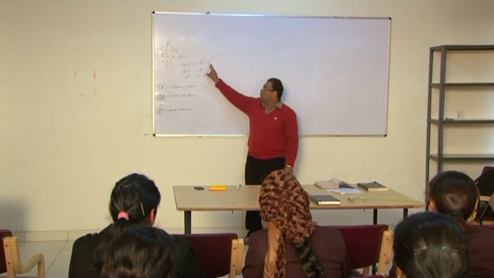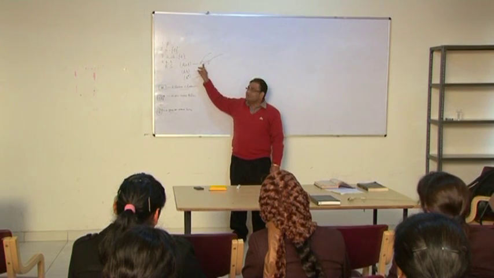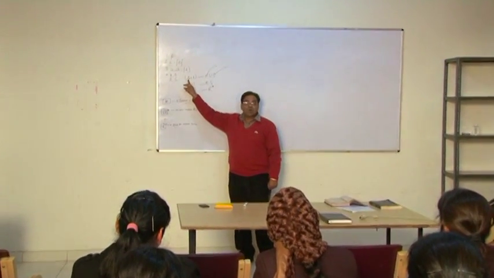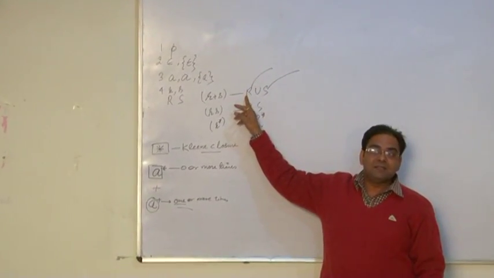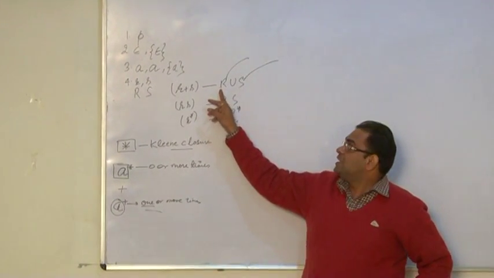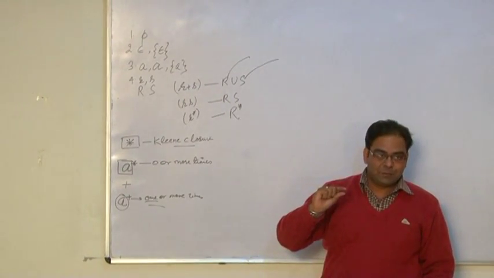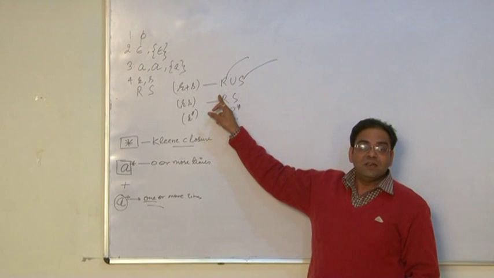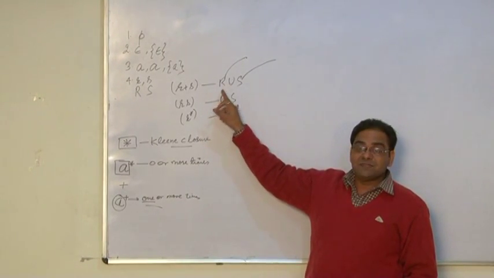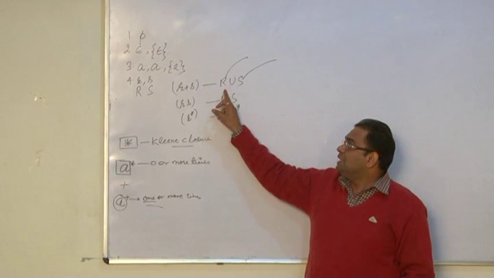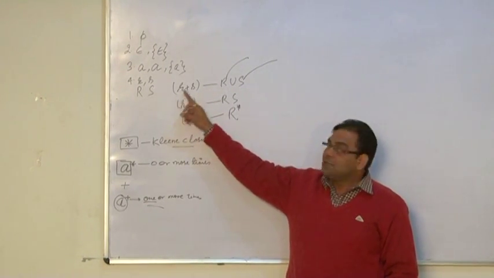So similarly, corresponding to capital R, there is a regular expression small r. Whatever strings are accepted by the finite automata, they are represented. Now I am using the word represented here, whereas there I am using accepted. So the strings that are accepted by this finite automata are being represented by this regular expression.